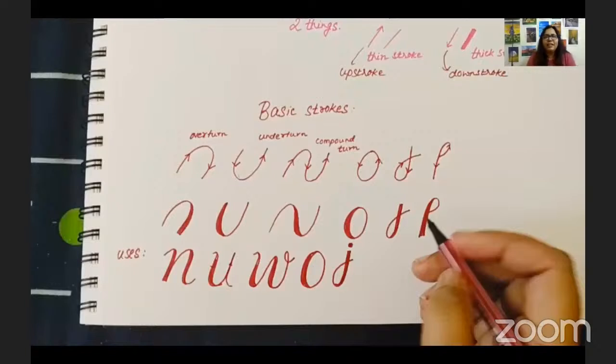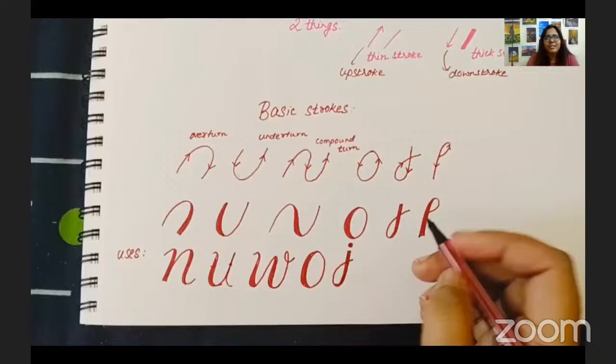Those who have finished writing, what do you think about the next stroke? Where will we use it? Okay, many of you are saying P, but P is not the one. For P, the circular portion at the top will be a bit wide. Any guesses?